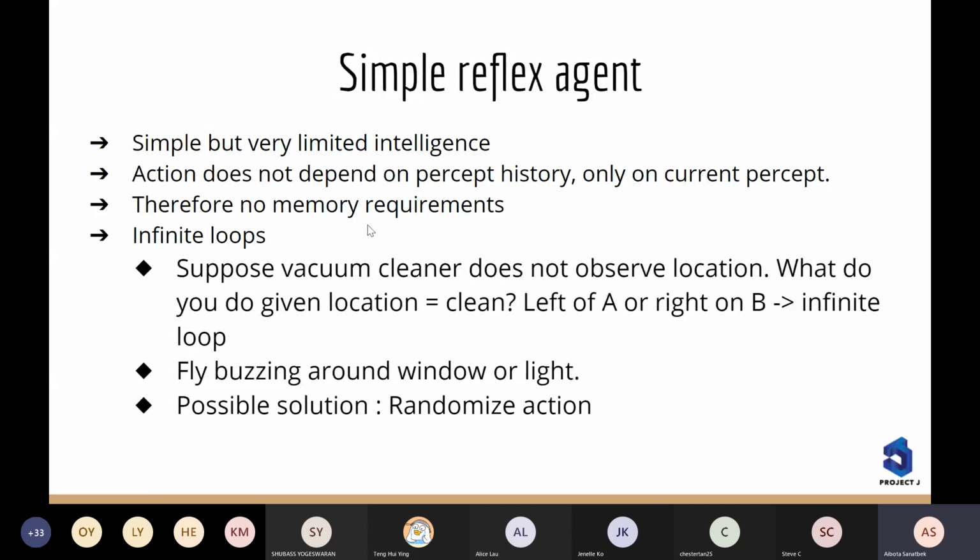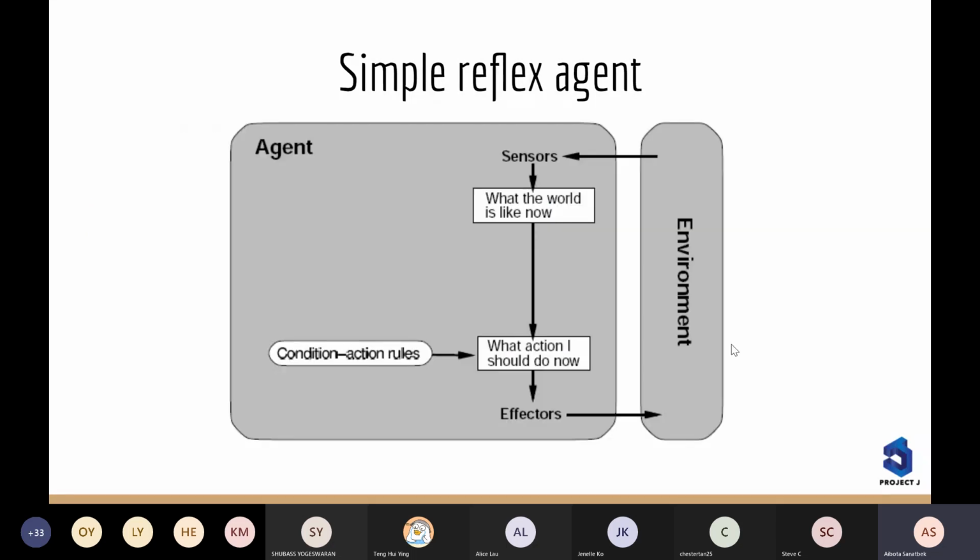But there is one possible problem associated with this approach. If the environment that our agent is operating in is not fully observable, there is a possibility of being stuck in an infinite loop. Take the vacuum cleaning agent example that we just described. Let's say it doesn't observe its current location fully and only has partial information about it.